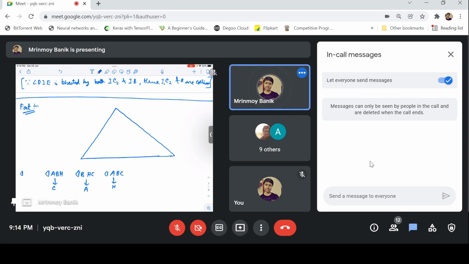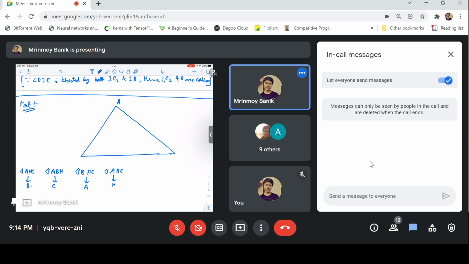Because A lies on the perpendicular itself. Sorry, I missed the B. This actually happens for any triangle, not only for obtuse angle triangles.